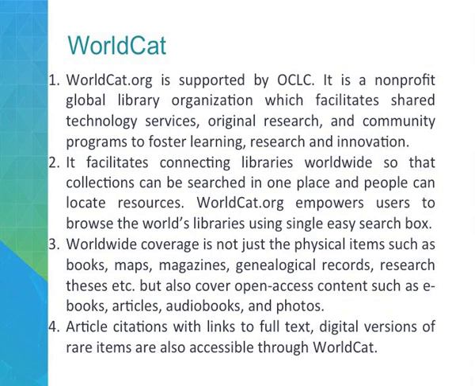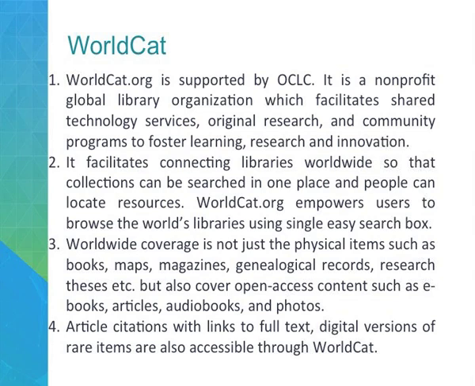WorldCat.org, which is the URL of this WorldCat, empowers users to browse the world's libraries using a single search box. Worldwide coverage is not just the physical items such as books, maps, magazines, genealogical records, research theses, but also covers open access content such as e-books, articles, audiobooks and photos.